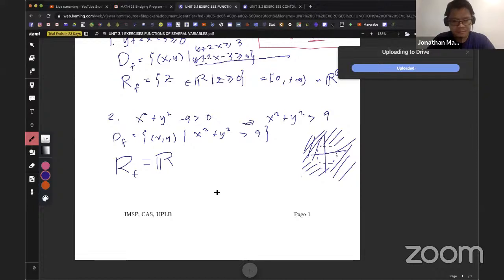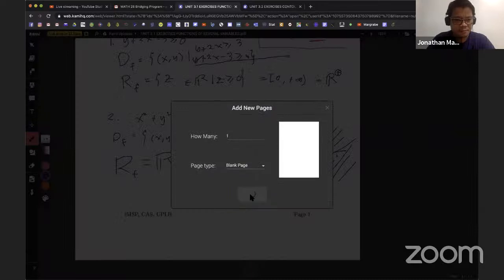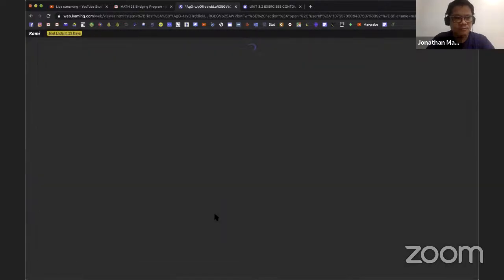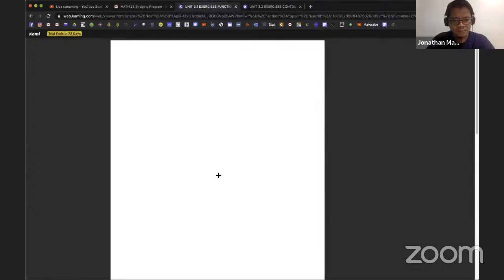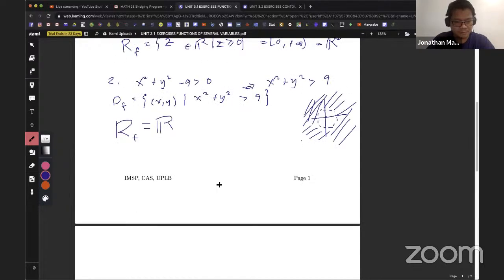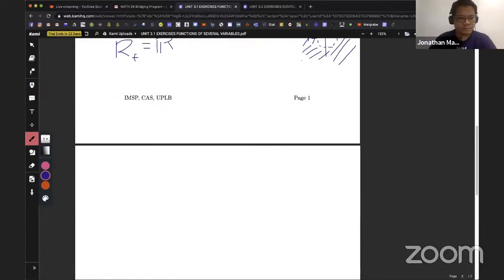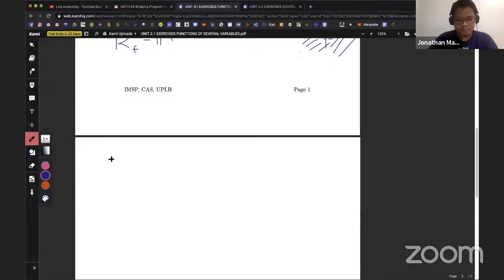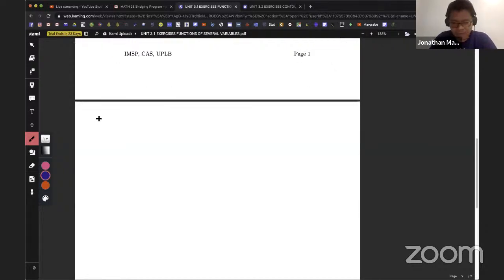I'll just add a sheet. Okay? Our number 3, g of x, y, z equals the square root of 50 minus 2x squared minus 2y squared minus 2z squared.